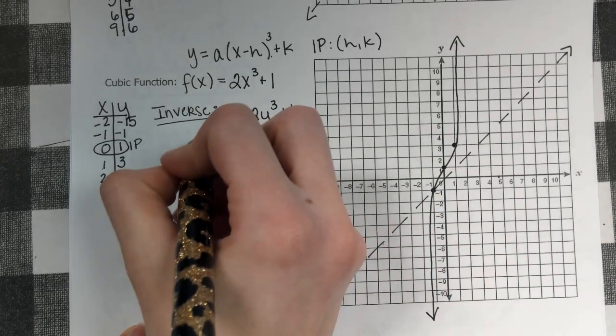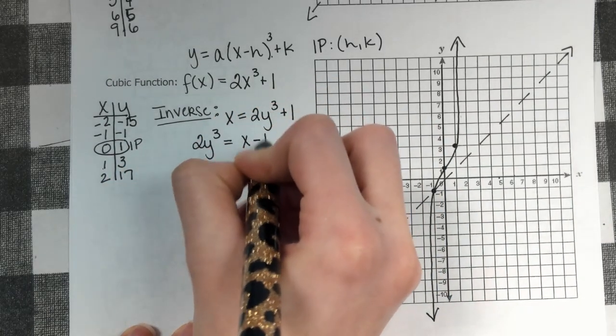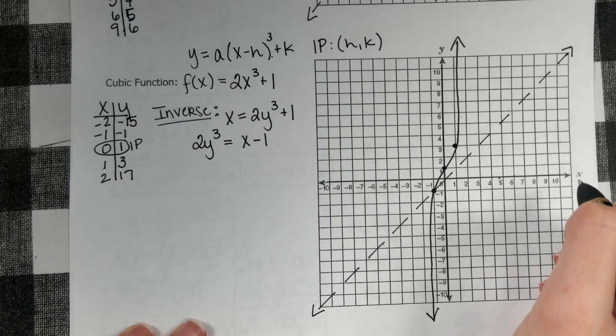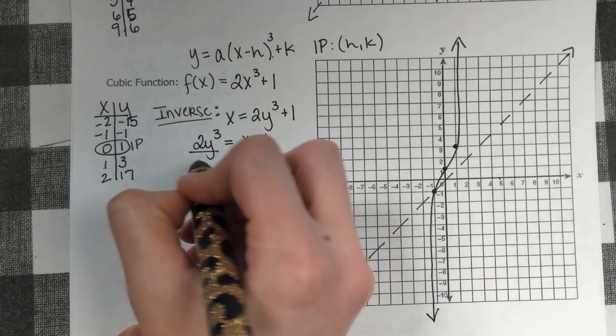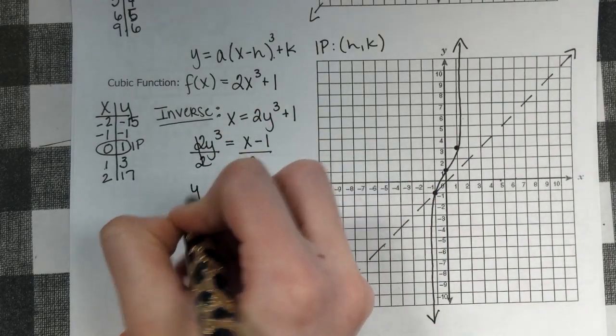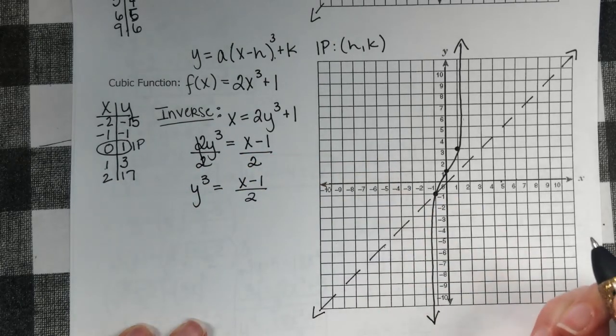Subtract your 1, so 2y cubed equals x minus 1. Divide by 2. I'm going to leave it y cubed equals (x minus 1) divided by 2.